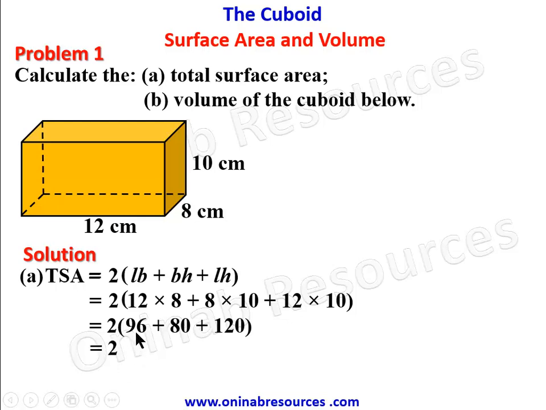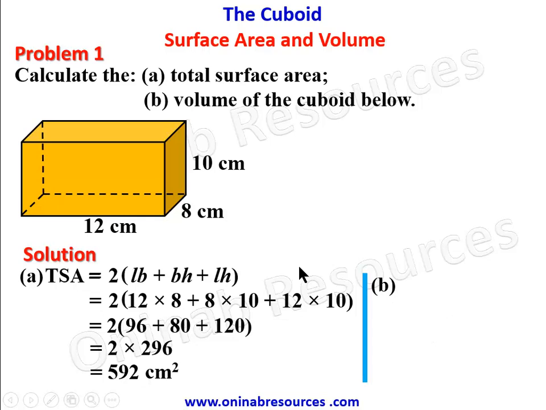That will be 2 into 296, which gives 592 squared centimeters. And that represents the total surface area of this cuboid. And we go for the volume of the cuboid.